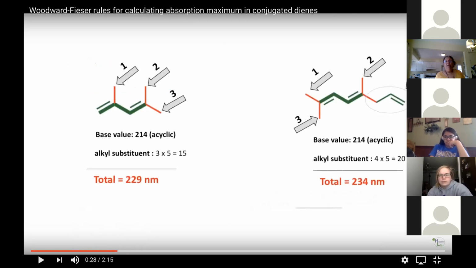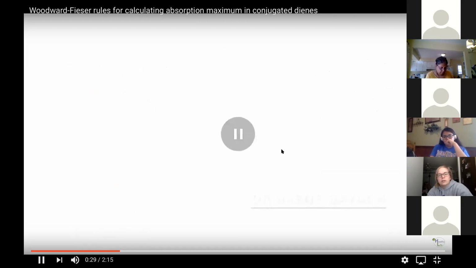So there's a break in conjugation, right? And so that other one is not considered. You're breaking conjugation. You see, it's not alternating single and double bonds. So this whole thing is just considered another alkyl substituent because it's not directly conjugated.